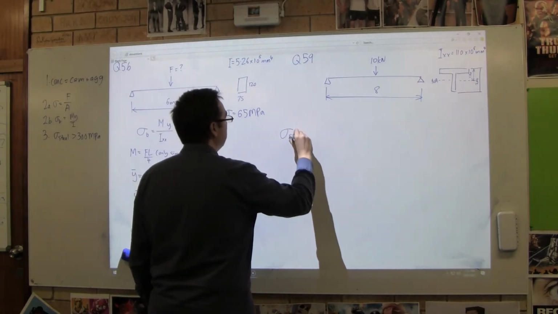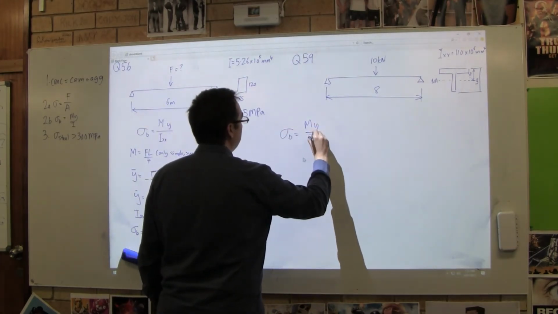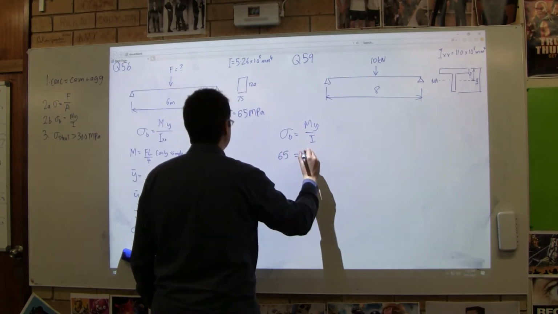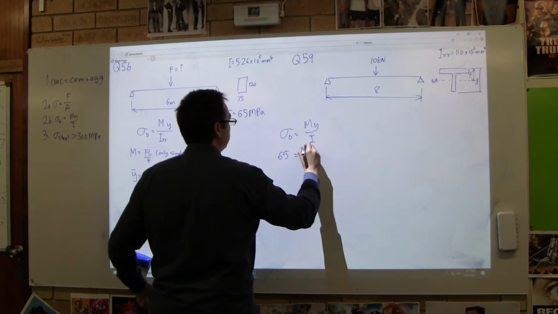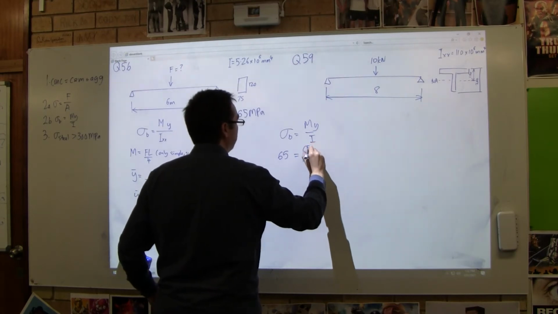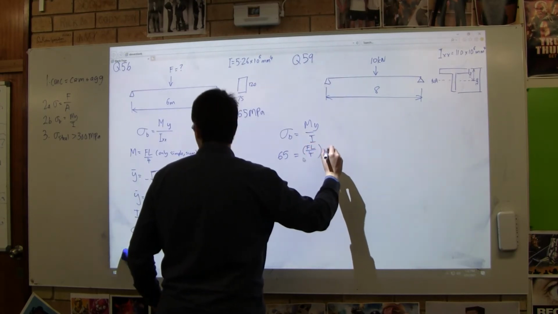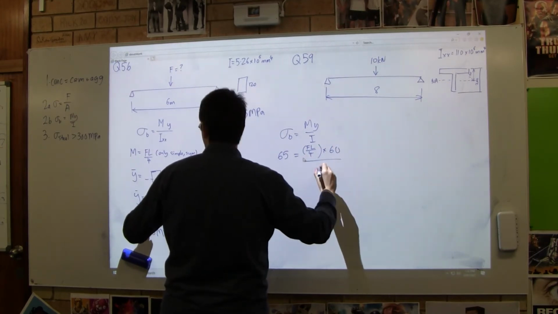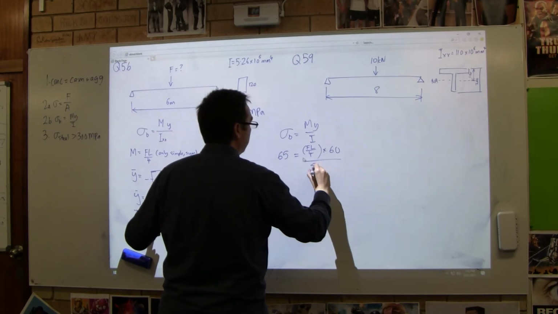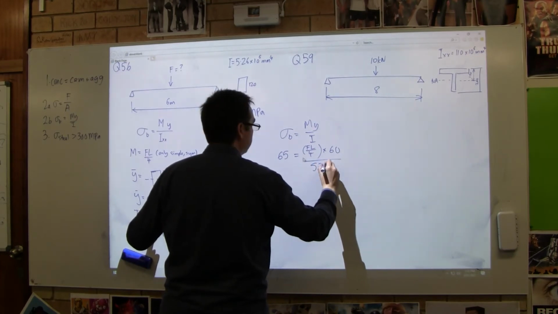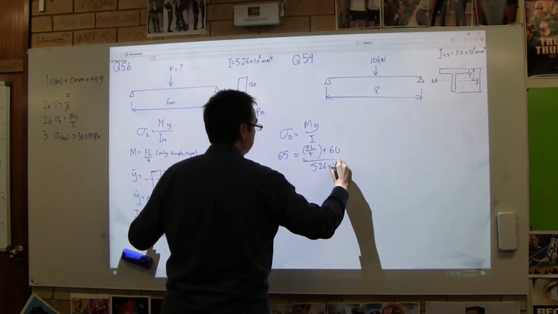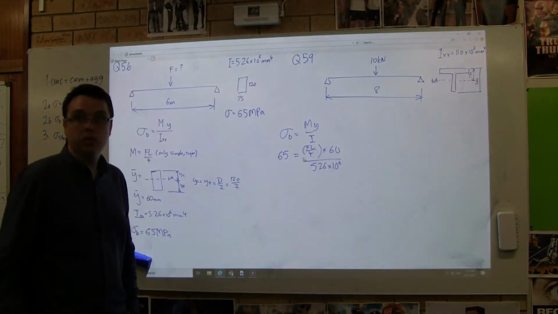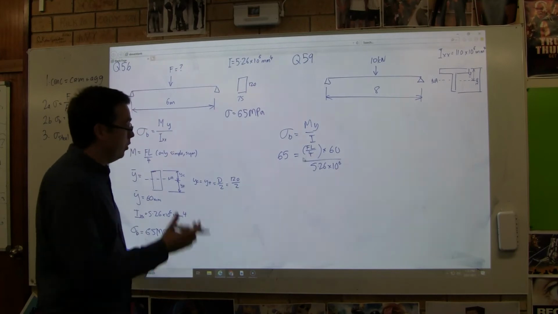So sigma B equals MY over I, which means that 65 times I, which is 5.26 times 10 to the 6, equals M, which we're going to say is FL on 4, times Y, which is 60. Okay, so what we need to do now is start converting things, right?